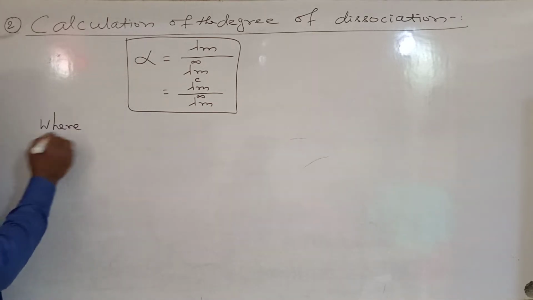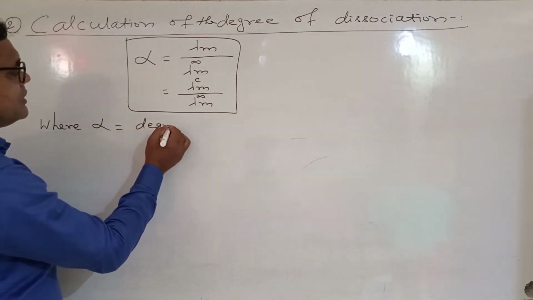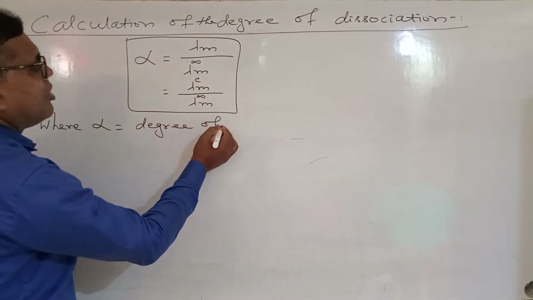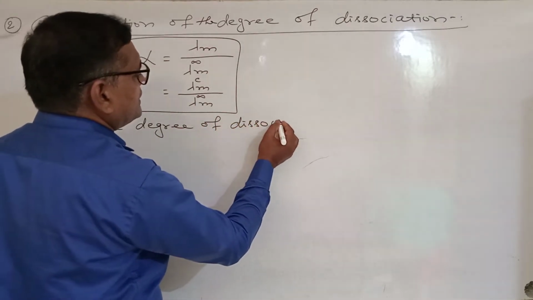We write where alpha is equal to degree of dissociation.